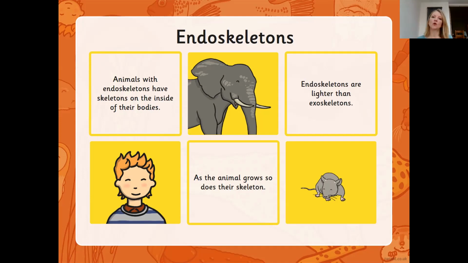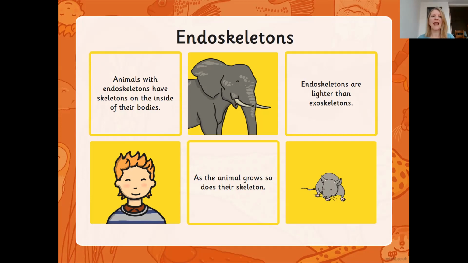And a really important point, as you grow, your skeleton grows. So think about when you were a toddler, okay? Your skeletons were quite small, and as you grow, your skeleton also grows as well. Okay, that's a really important thing to remember. And when you become an adult, that's when your skeletons stop growing.